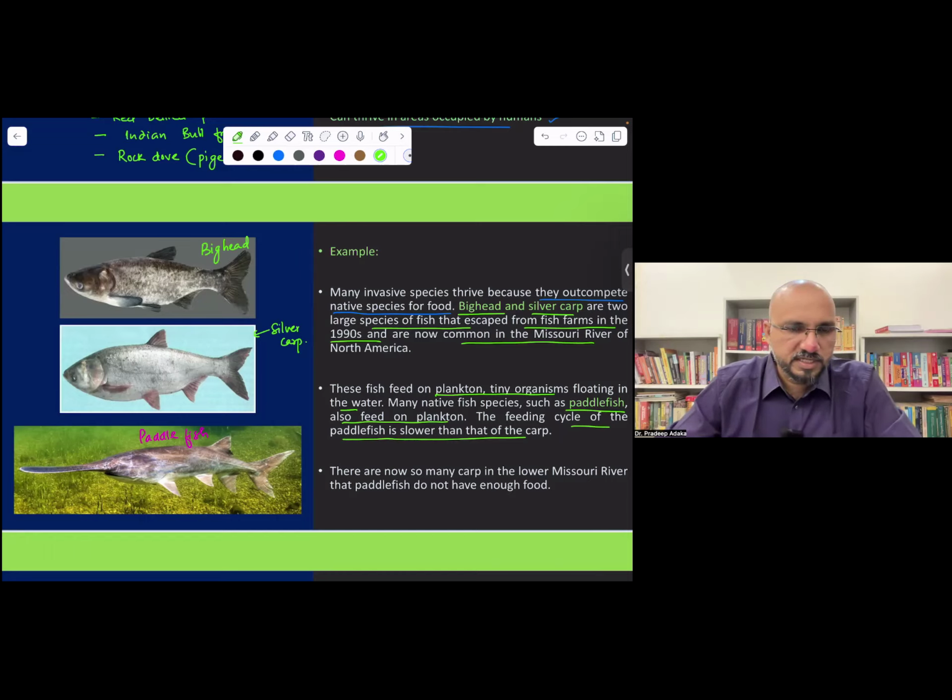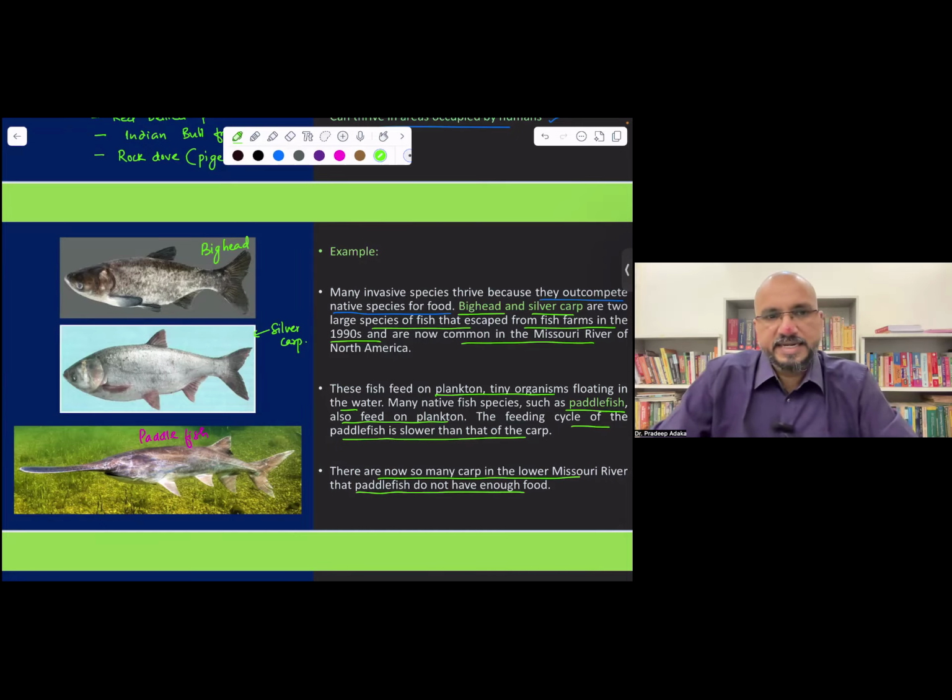So these invasive species, you can say, outcompeted. They ate away all the food, and because of that, the population of the paddlefish slowly declined. There are now so many carp in the lower Missouri River that paddlefish do not have enough food, so their population is slowly declining.